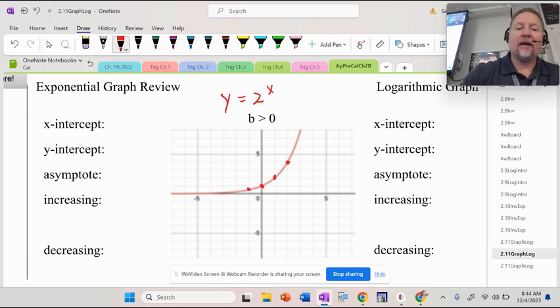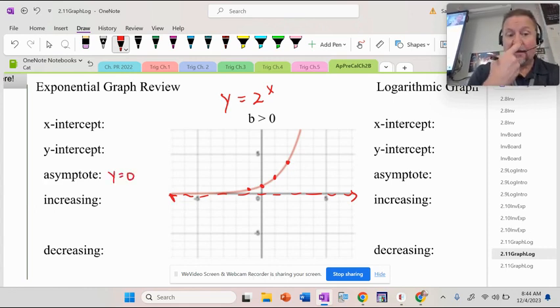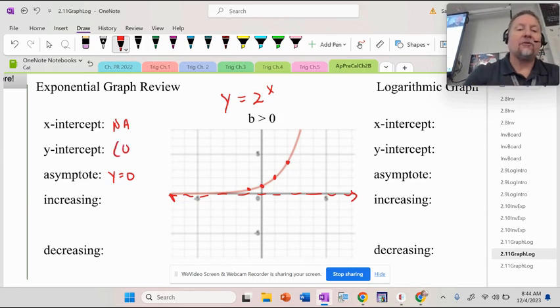All right, so that's why for an exponential, we have a horizontal asymptote at y equals 0. That's what this side represents. There is no x-intercept, or what they sometimes say is NA. And then the y-intercept is (0, 1). And then it is increasing forever.